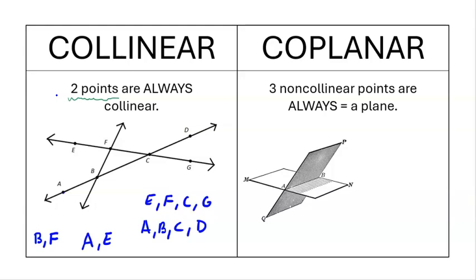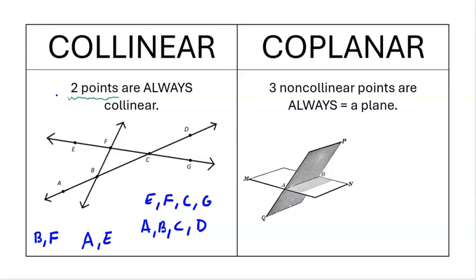And so this is where it starts to get a little tricky in geometry. Even if it's not in the diagram, even if it's not drawn, you still have to know what the concept of collinear and coplanar is. So collinear means on the same line.